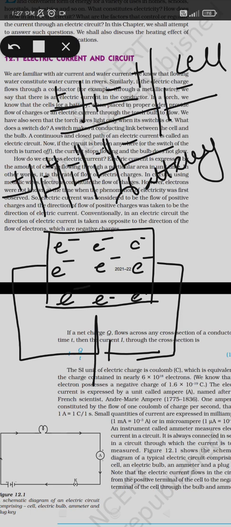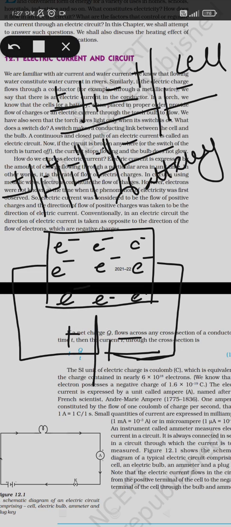So a battery gives a potential, like you are applying energy. When you give this energy, the charges flow, and the rate of flow of charges is given as electric current. Now we talk about the direction. We take a cell and connect it, so you are providing the energy. This is the negative terminal and this is the positive terminal of the battery.